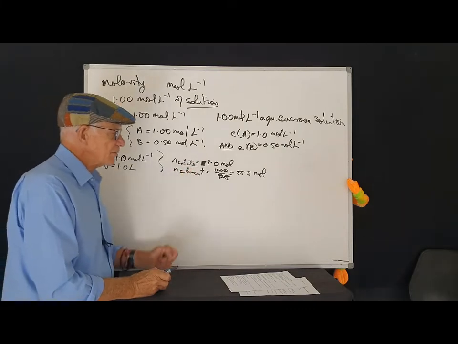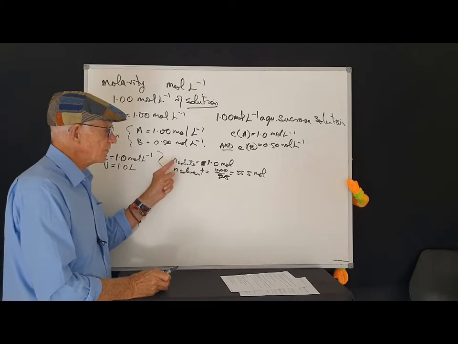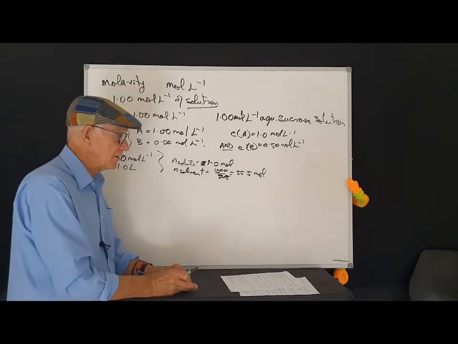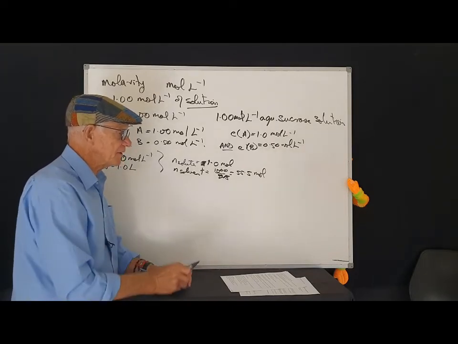And then the relative number of moles is the same as the relative number of molecules. So for every molecule of sucrose, there'd be 55 molecules of water on average around it. Yeah? So a reasonable distance between one molecule of solvent and the next.